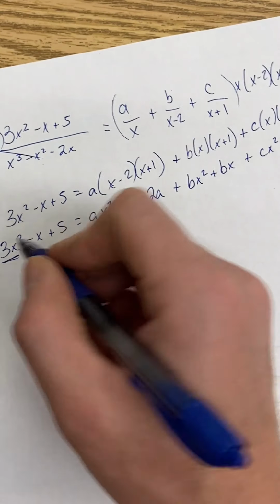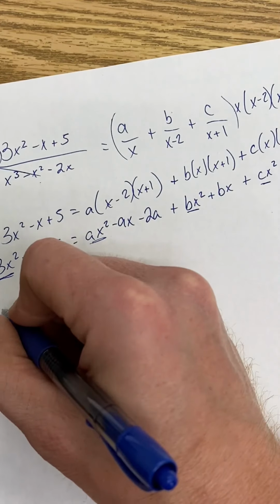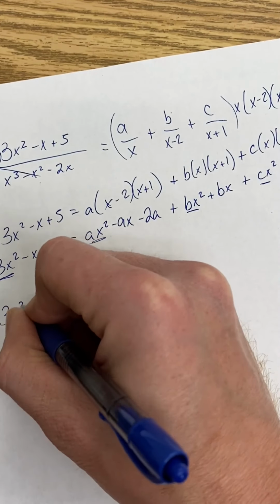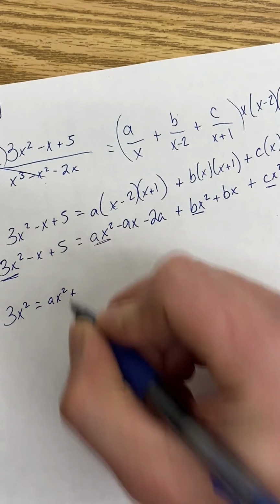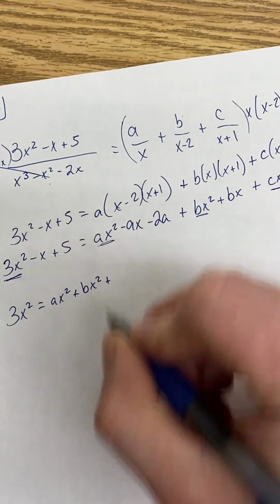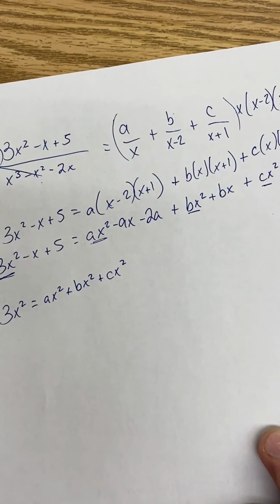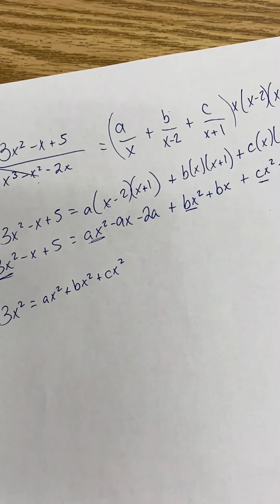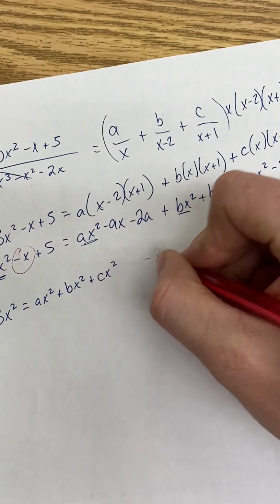So first I've got 3x squared, I've got ax squared, I've got bx squared, I've got cx squared. So 3, I'll go ahead and put the x squareds in it for now, would equal ax squared plus bx squared plus cx squared. All right, so that's one statement, one equation. And next we have negative x.